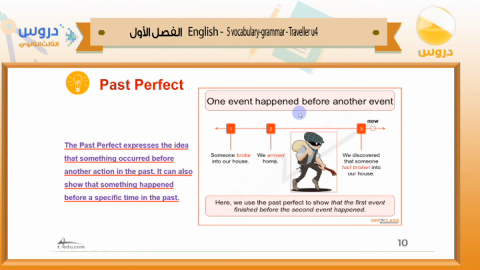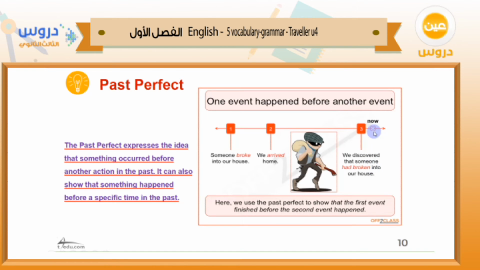An event happened before another event. Someone broke into our house. We arrived home. We discovered that someone had broken into our house. So we can see 2 actions happening before the last one.